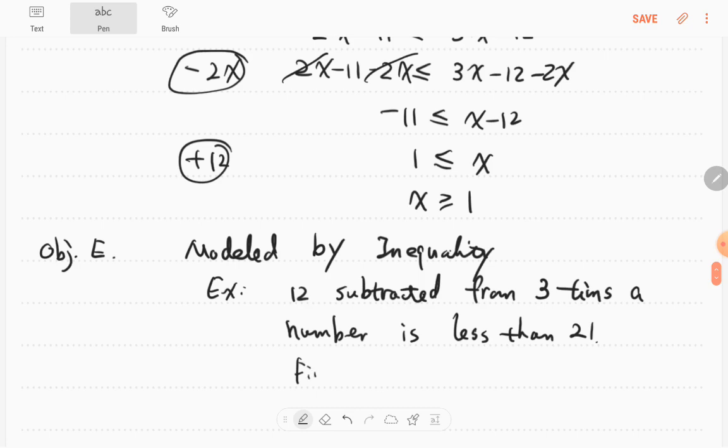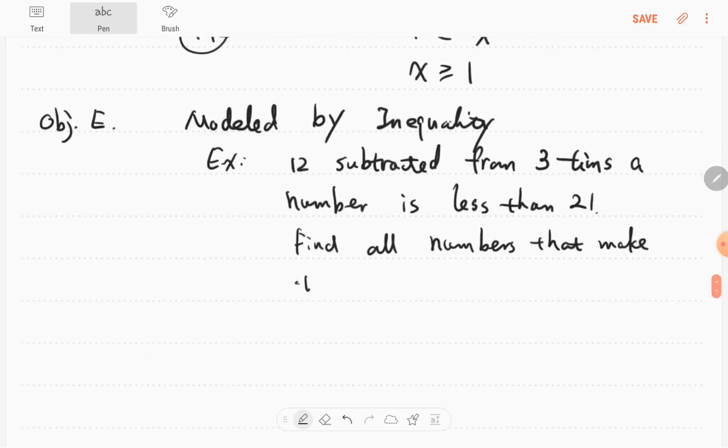We want to find all numbers that make the statement true.